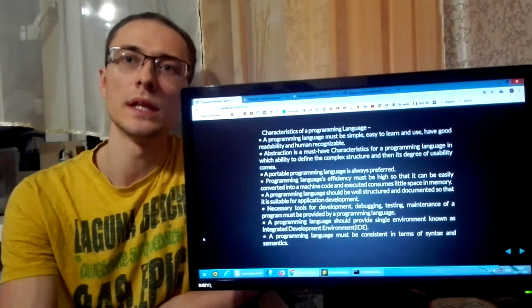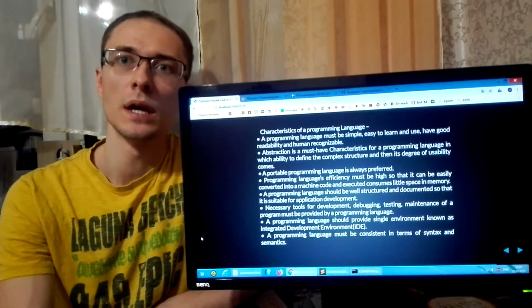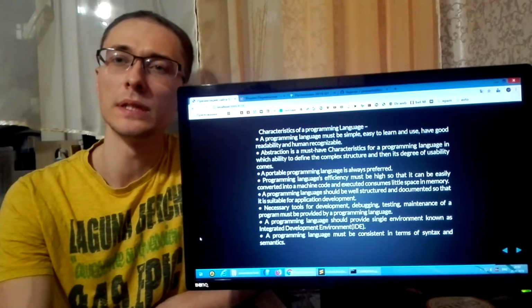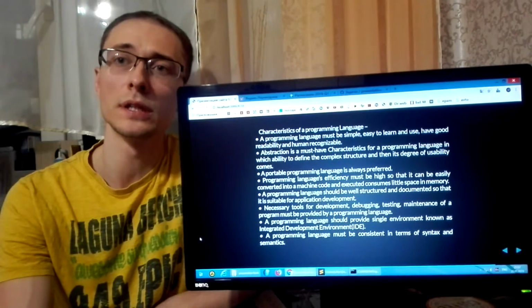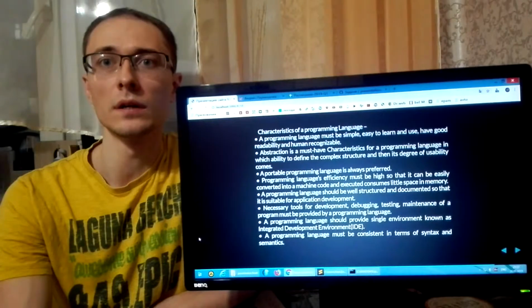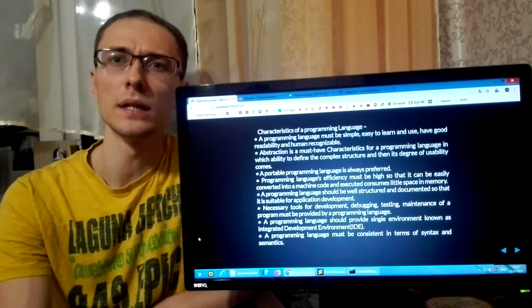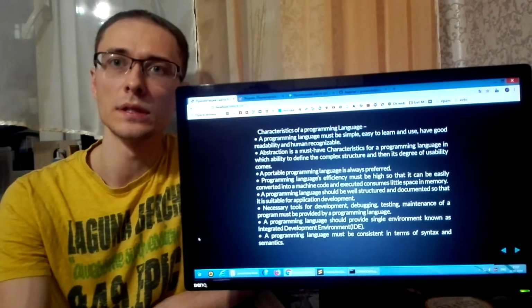Characteristics of programming languages are: a programming language must be simple, easy to learn and use, have good readability, and be human recognizable.